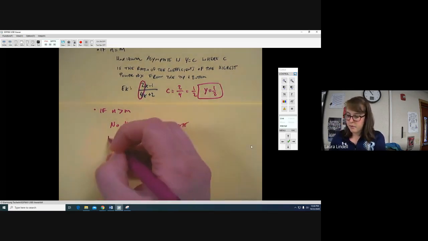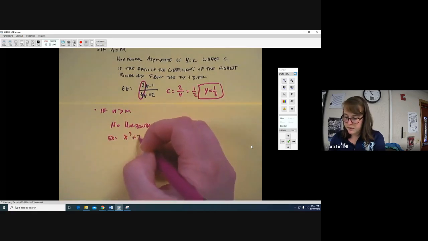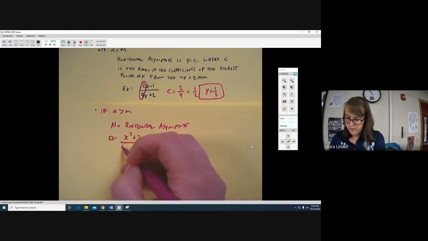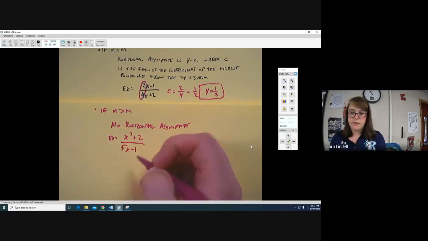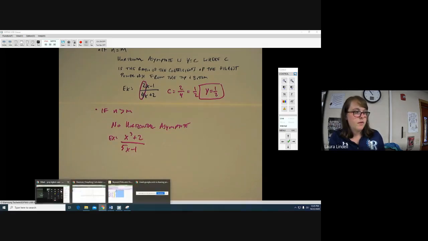So for example, if we saw something like (x^3 + 2)/(5x - 1), let's take a look at that.